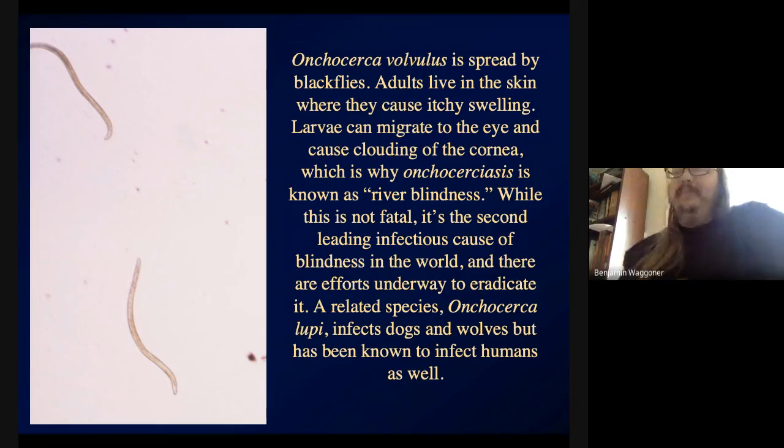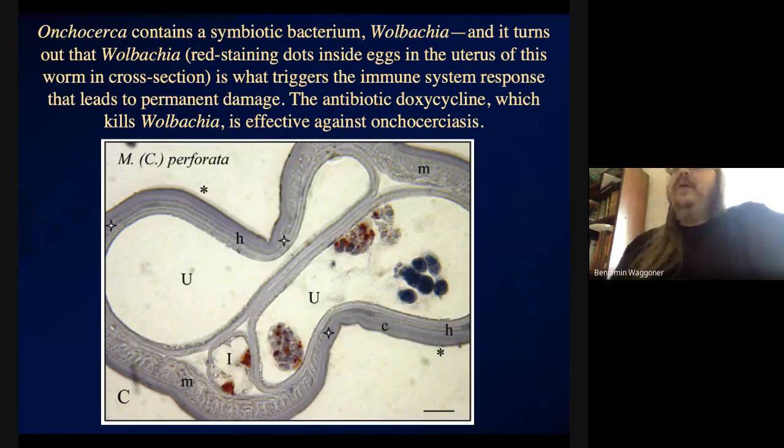Here's the cool thing. This is not Onchocerca itself, it's a relative. And this is a cross-section through the body. The M is the label for muscle layer. At this level of cross-section through the body, most of the space in the worm is taken up by uteruses.